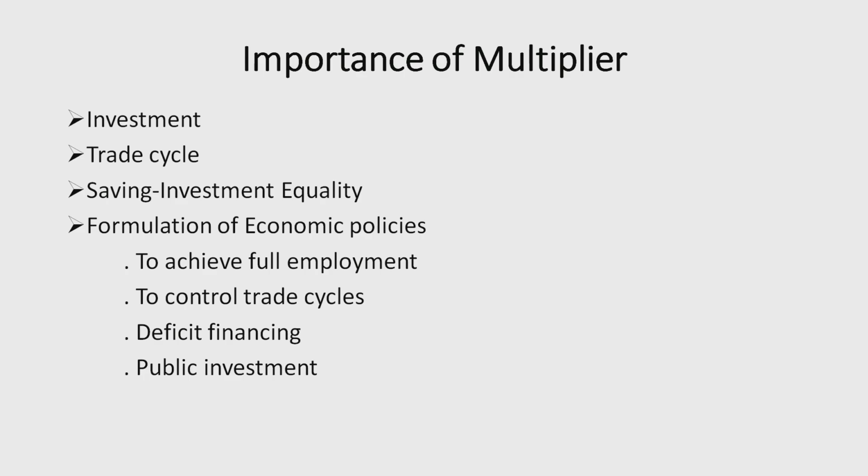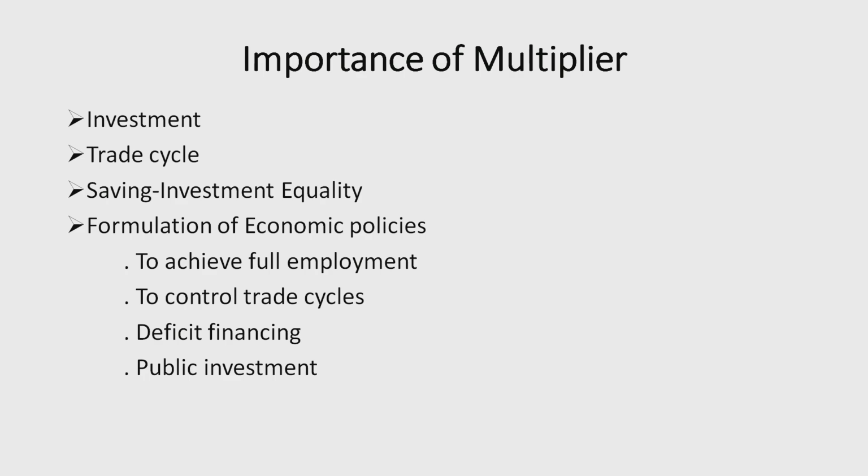When there is a fall in investment, income and employment will decline in a cumulative manner, leading to recession and ultimately to depression. On the contrary, an increase in investment leads to revival. If this process continues, it leads to a boom. Thus the multiplier is regarded as an indispensable tool in trade cycles.